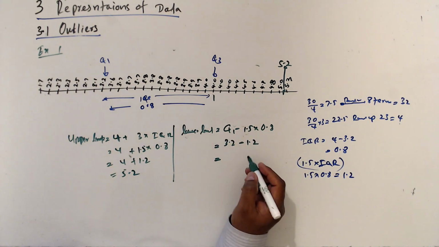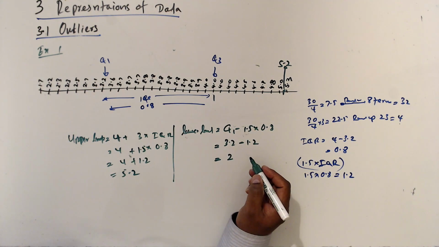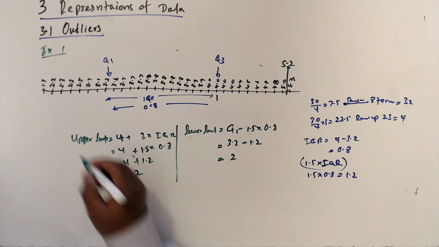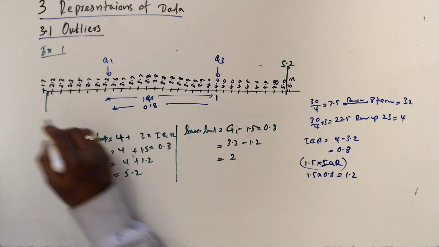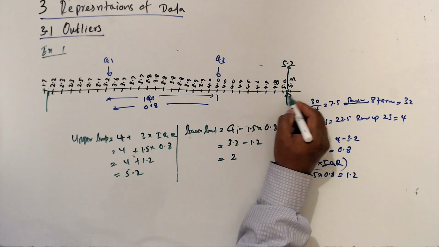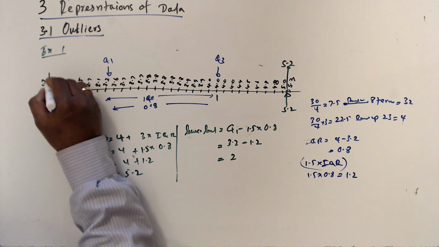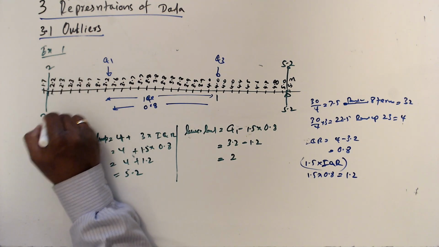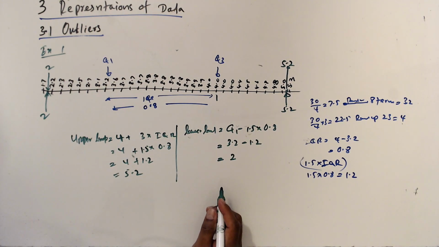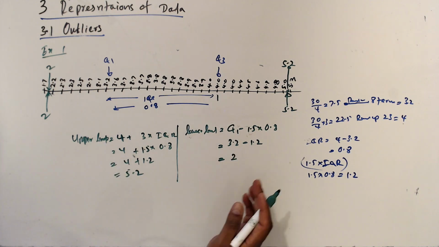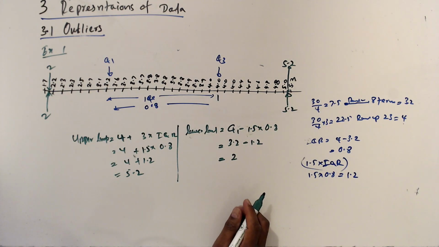It means the value is going to be 2. So the lower limit is going to be here. This value 5.2 and this value 2. The other values beyond those 2 points are going to be outliers.